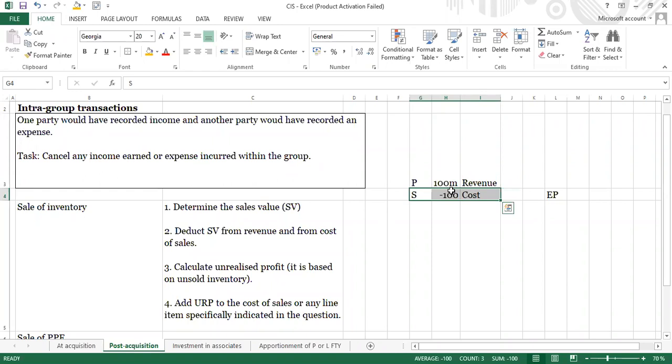When you do your SFP, you learn that unrealized profit will be removed from inventory in your balance sheet, which means the item causing the issue in cost of sales is your closing stock. That is the reason behind knocking out unrealized profit.